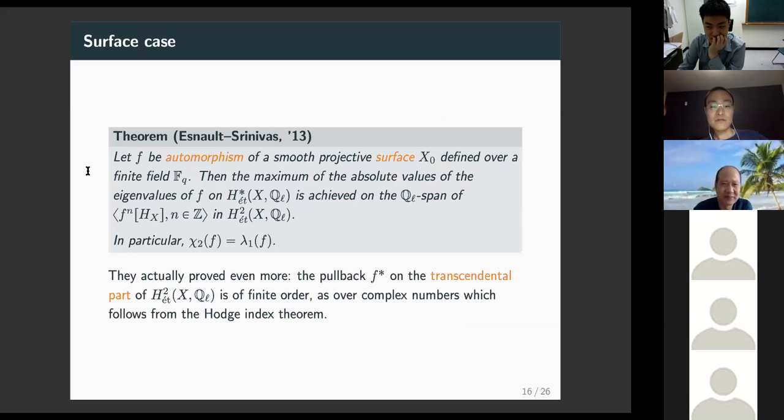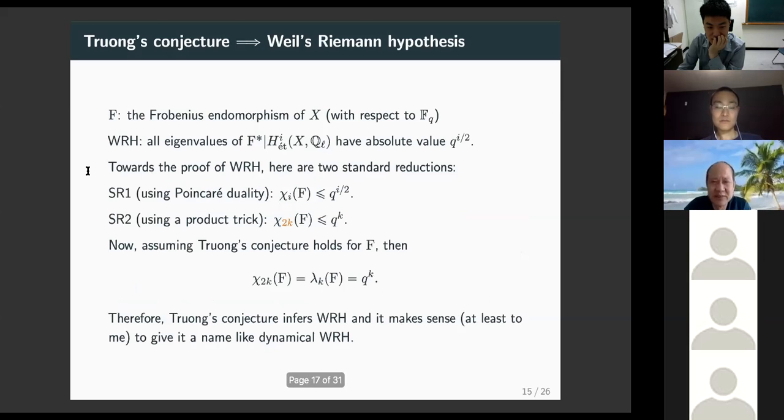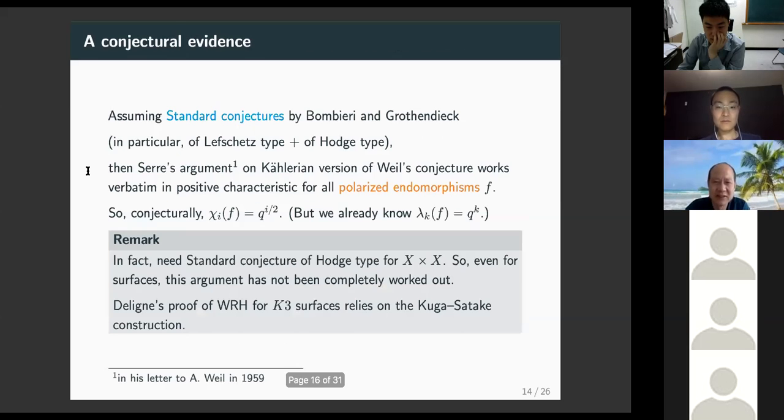Excuse me, may I ask? Previous page. Here, this is over C, right? The Kähler version is over C. This is over the complex numbers.